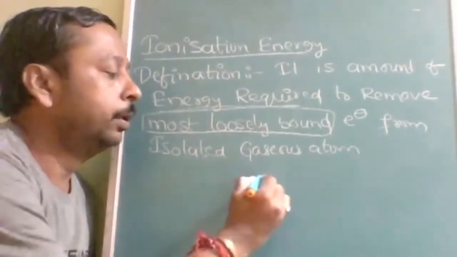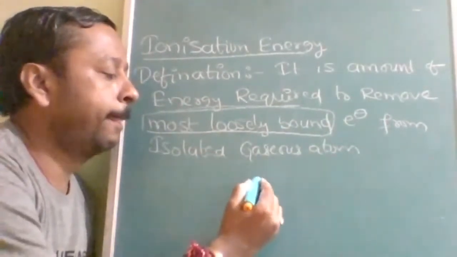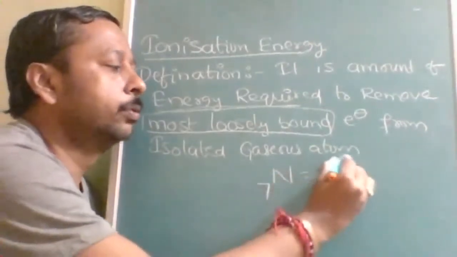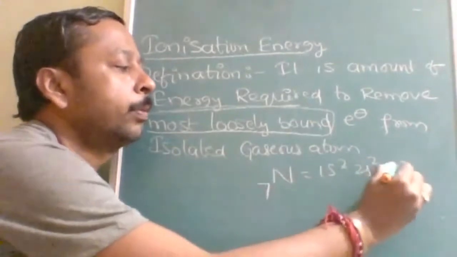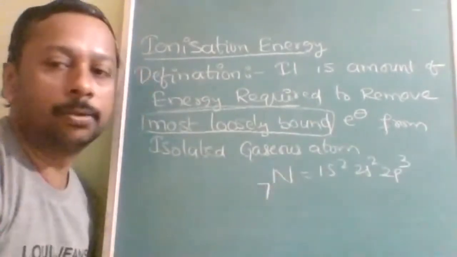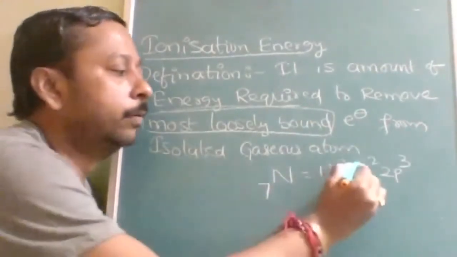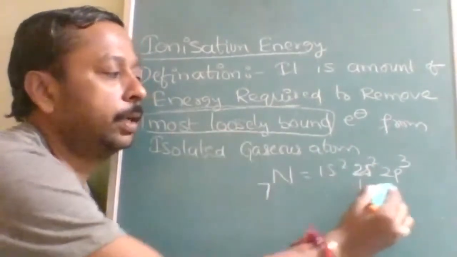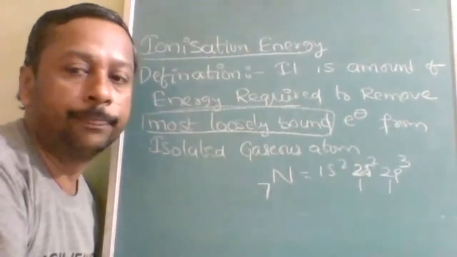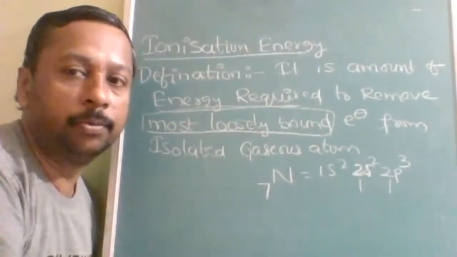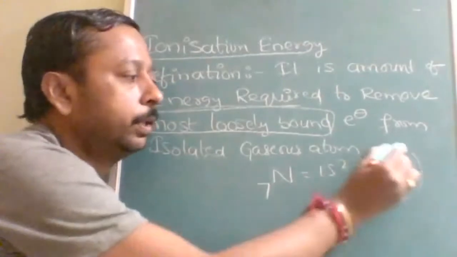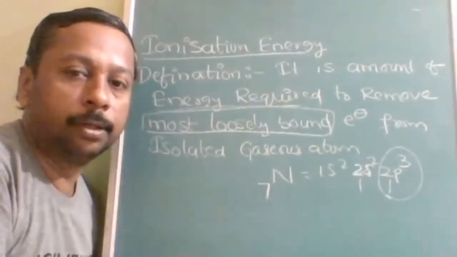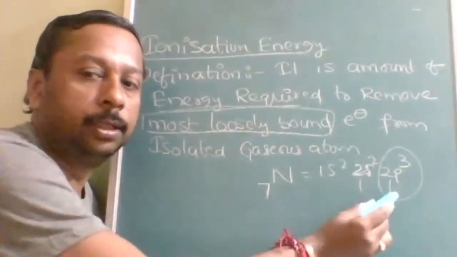Why is it wrong? Let us take nitrogen. Nitrogen's atomic number is 7, so the electronic configuration is 1s2, 2s2, 2p3. The 2s electrons are also valence electrons, and the 2p electrons are valence electrons, but obviously we will remove the 2p3 electron because it is the most loosely bound.